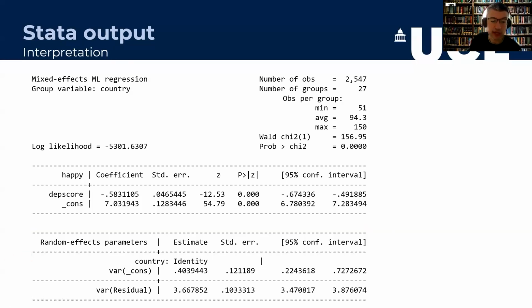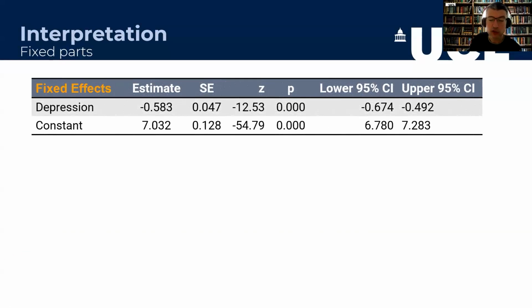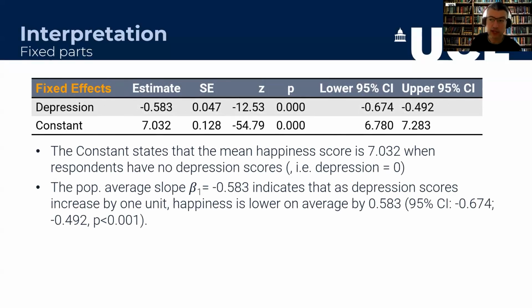So how do we go on and interpret this? Let's start with the fixed part, because this is really the easy part of the model. I say it's easy because we interpret this the same way you would interpret any output from a standard classical linear regression model.